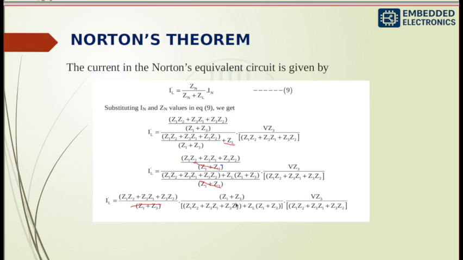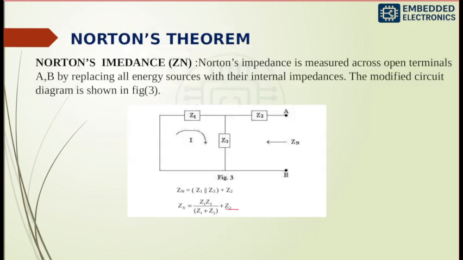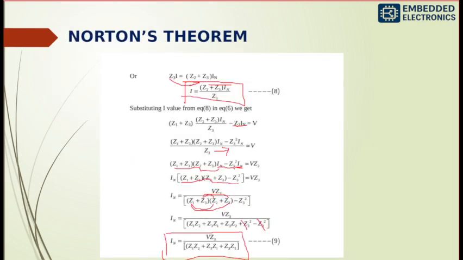So see here, these both are cancelled by each other. Then you will get this divided by this into this term. You can see here, this is the IL dash. But you need to compare this with equation 5. Both are same, right?